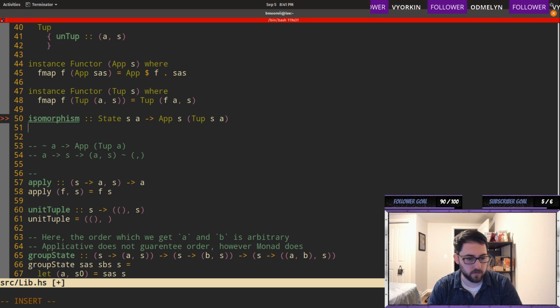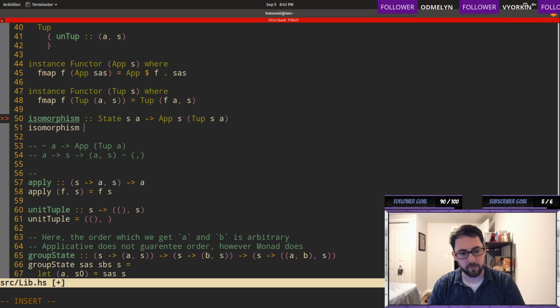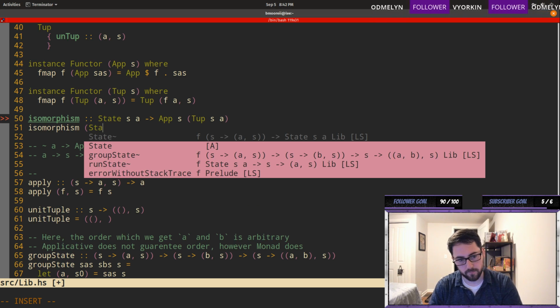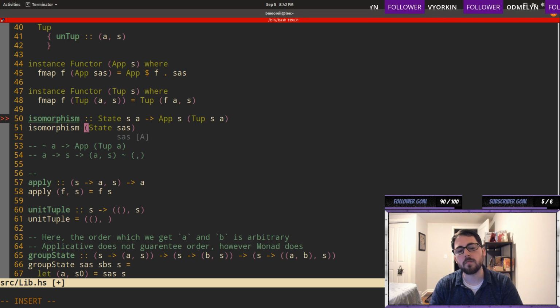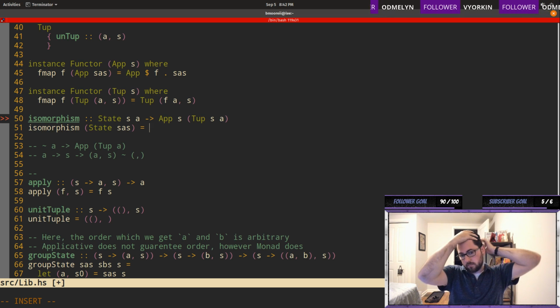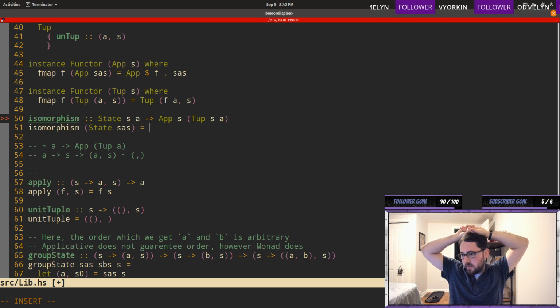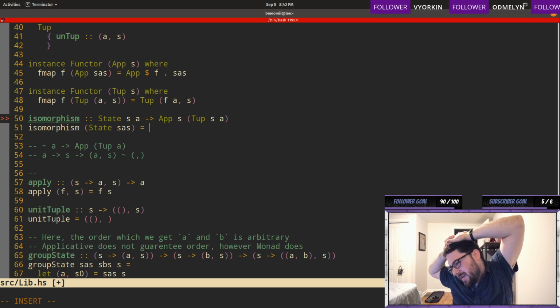I see what you're saying now. The term isomorphism, I usually get that, but it's still weird. We technically only need one way, right?